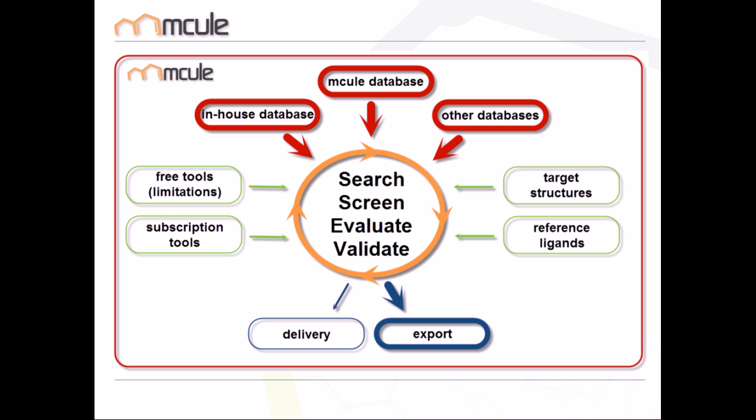But we will also very soon allow you to register your in-house chemical database if you have one. You will be able to upload any structures basically, and all these structures will be integrated into the system, and they will be searchable and screenable in Mcule.